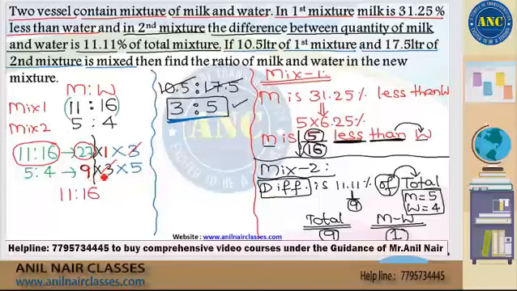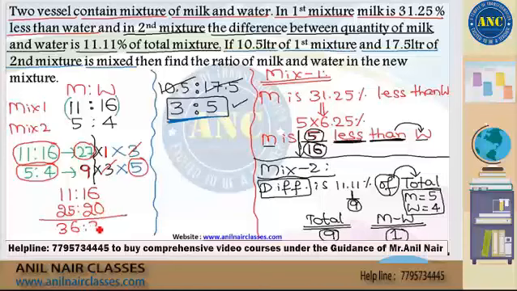This 9 you should multiply only with 5, or this 5:4 you should multiply with 5. 5 into 5 is 25. 4 into 5 is 20. The resultant mixture is 11 plus 25 is 36, and 16 plus 20 is also 36. The new mixture has the ratio of 36:36, which is 1:1. Very excellent questions being solved in the easiest way possible.